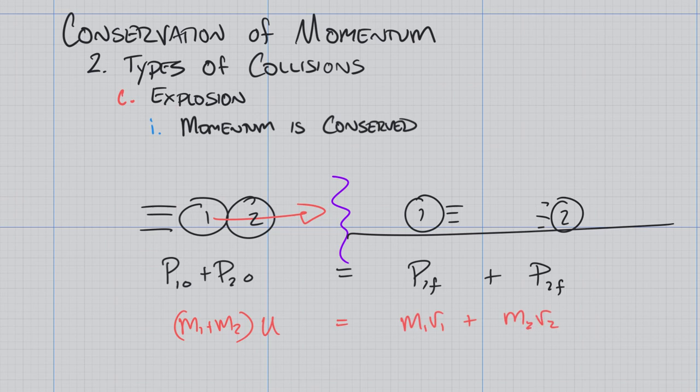So I'm setting up this equation every time in a way that I'm simply adding the momentums before the collision. The collision is my equal sign. I'm adding the momentums after the collision, and then I'm breaking down this as mass times velocity and mass times velocity. And with this, I should be able to solve for any of these unknown values.